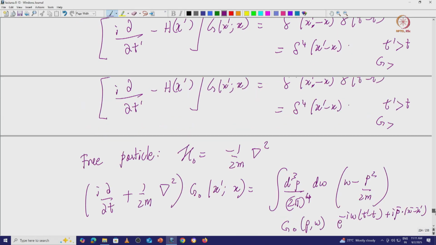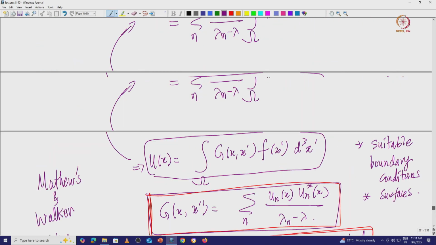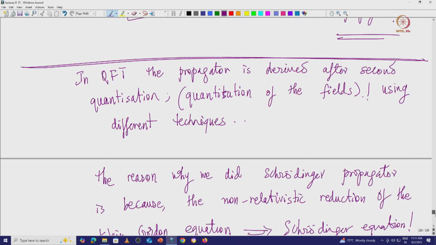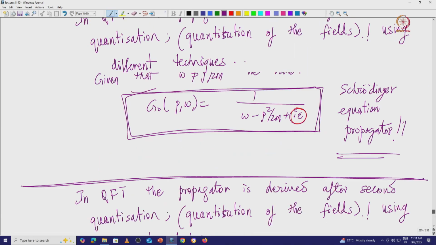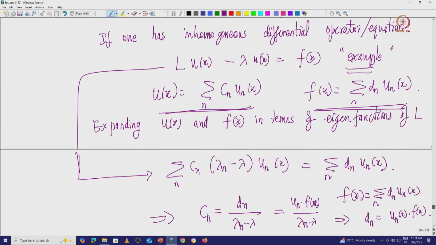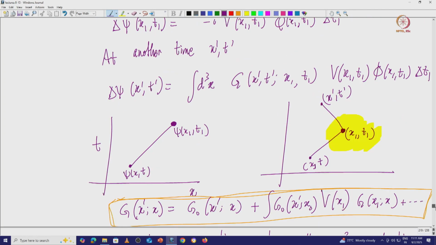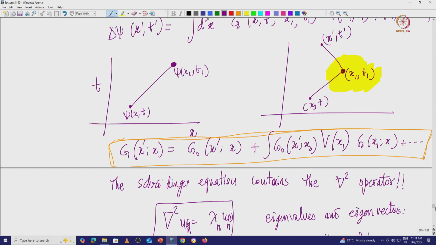Corrections can be calculated by adding an interaction at every step, similar to time dependent perturbation theory. We can add an interaction at every point, and then you can keep expanding this series, and this way you will continue adding corrections.